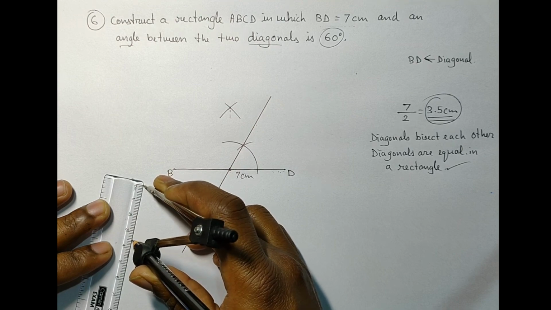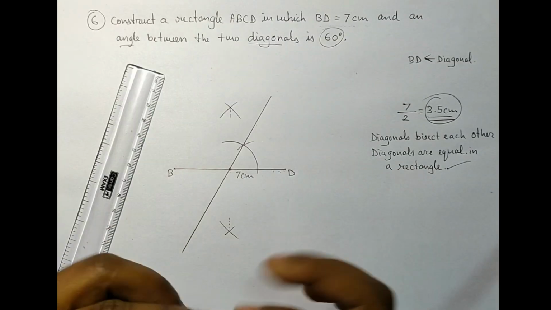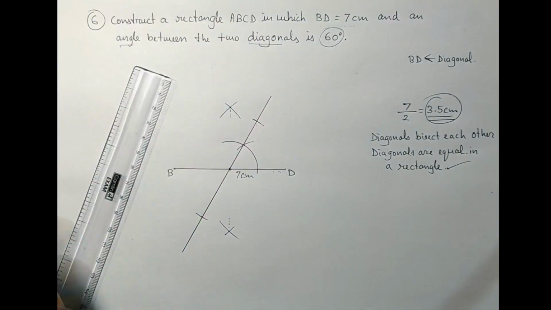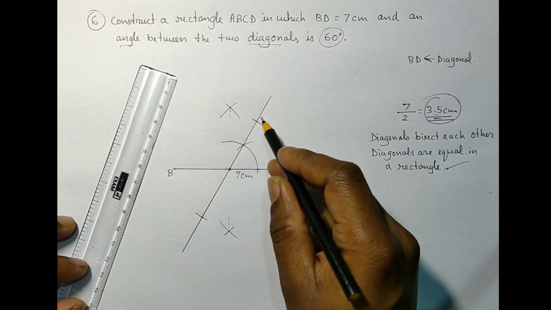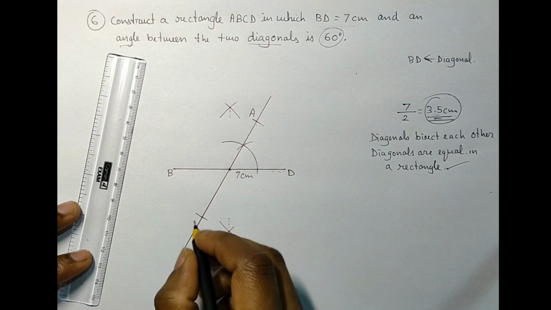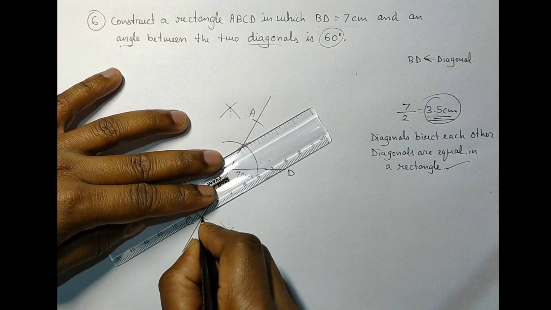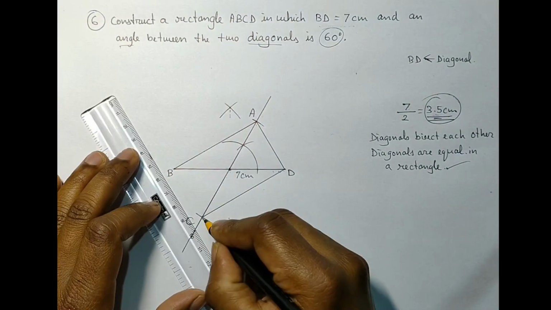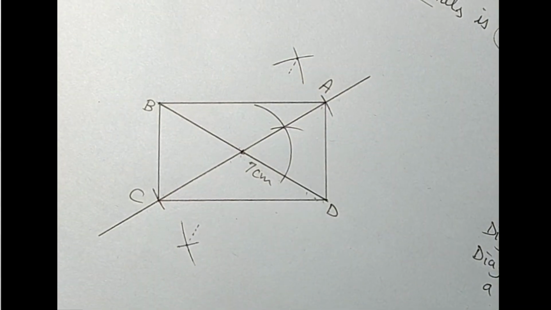So here is 3.5, you can see, and now place it at the point of bisection, cut an arc here, cut an arc here, and now we have got the points A and C. So let's label it A and C. So we have the points A, B, C, D. Now simply join the points C to D, D to A, A to B, and B to C. So we have a rectangle ready, as you can see.